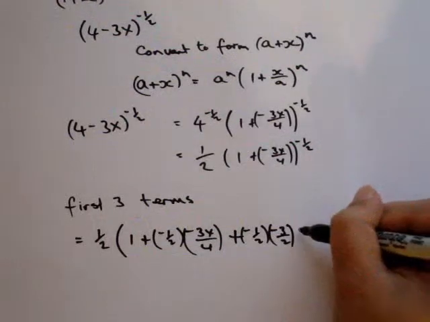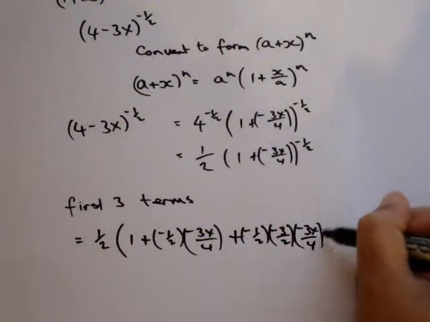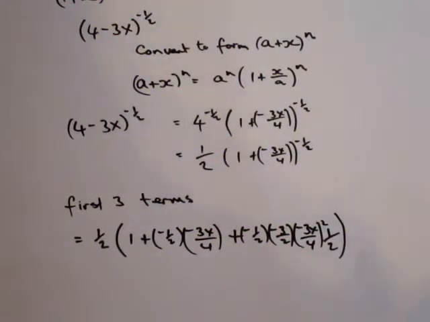Then we have minus 3x over 4 squared, and then our 2 factorial, which would be a half. And the third term in a binomial expansion.